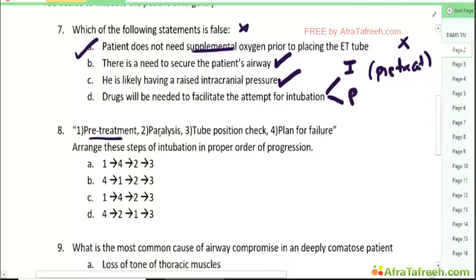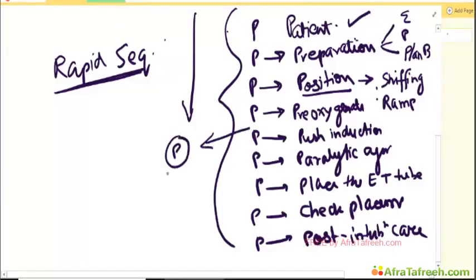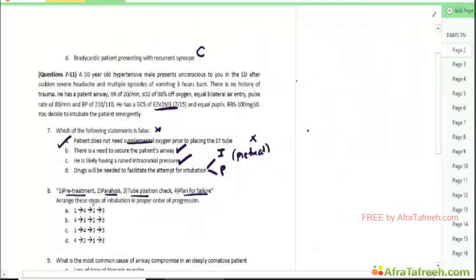Pre-treatment, paralysis, tube position check, plan for failure. Are these steps in progression? Okay, one thing which I missed telling you is that there could be an additional P for pre-treatment. First you plan for failure, which is very important, preparation and planning.